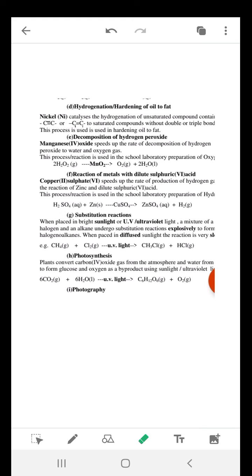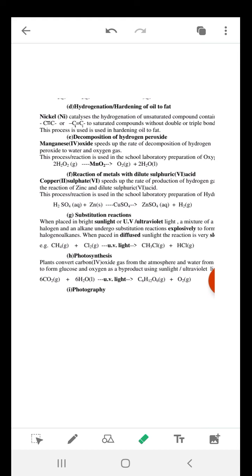Then in photosynthesis in biology, you learned how plants convert carbon(IV) oxide gas from the atmosphere and water to form glucose and oxygen.